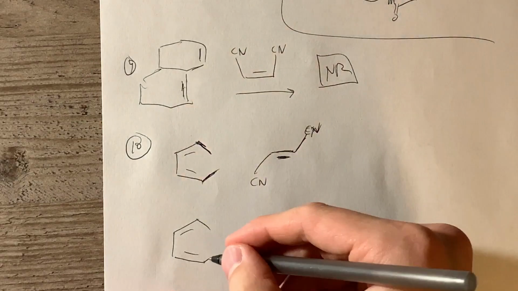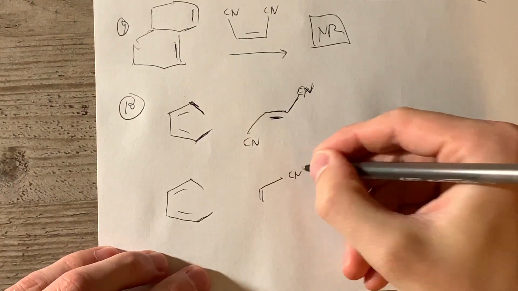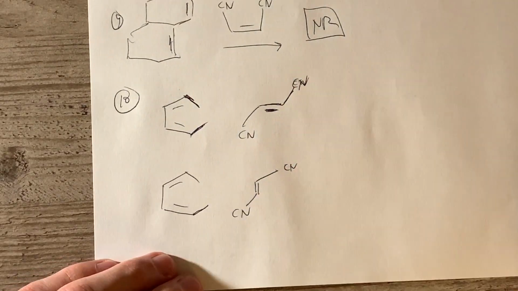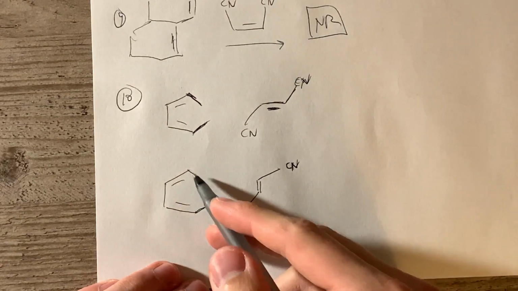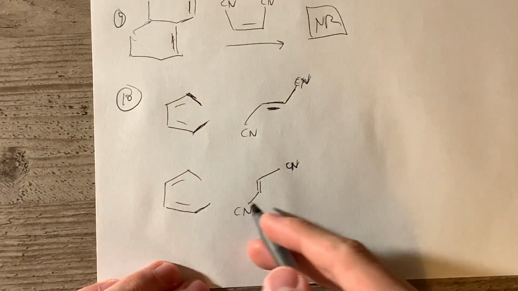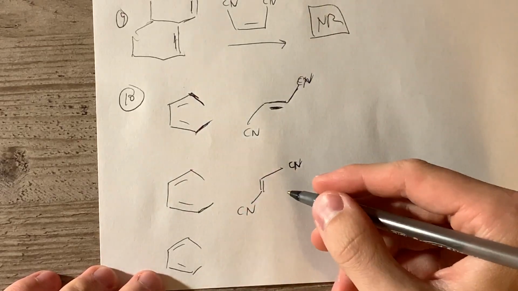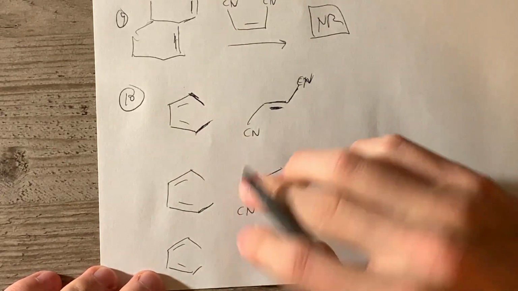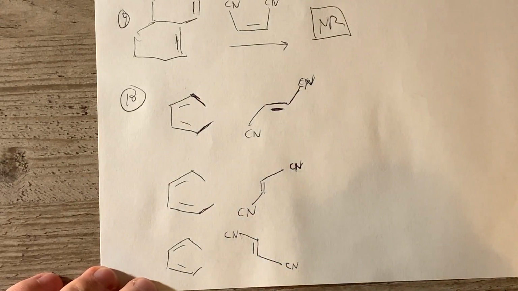So the diene is actually good the way it is. Then you have to fix this dienophile. All right, so this is the key point here. This can come together with this in this fashion, or this can be flipped around such that it can come together this way. So in this case, there's two ways for these products to come together.